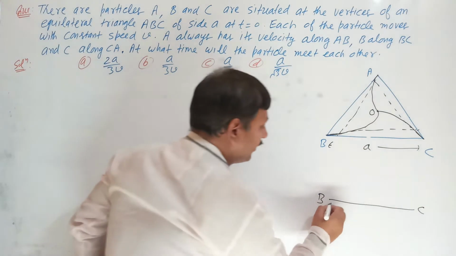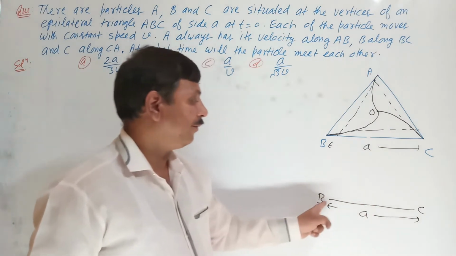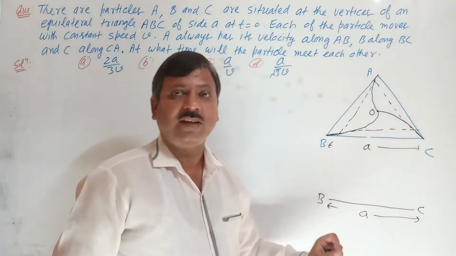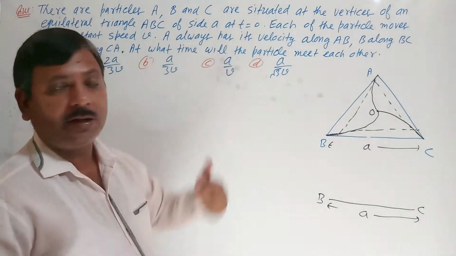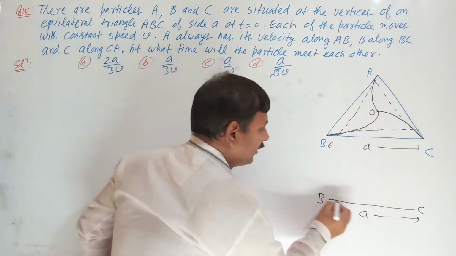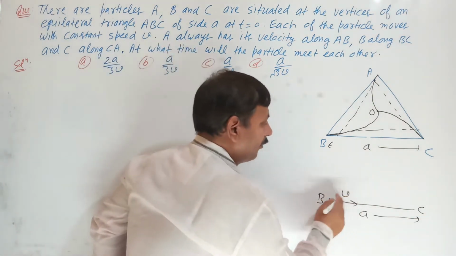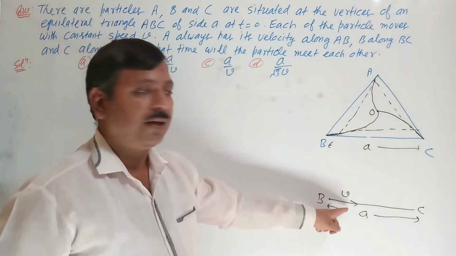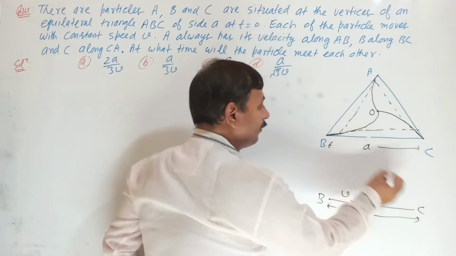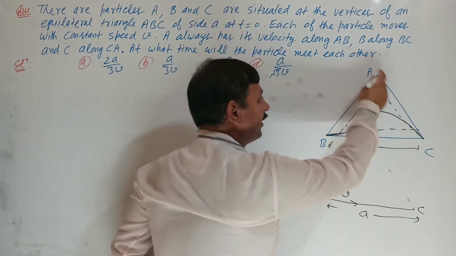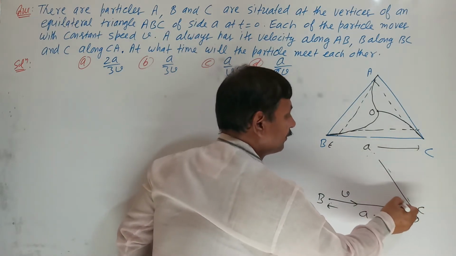The distance between B and C is how much? a, first thing. The direction of the velocity of B is always towards C, and the magnitude is v. The motion of C is always towards A. And the angle between them is 60 degrees.